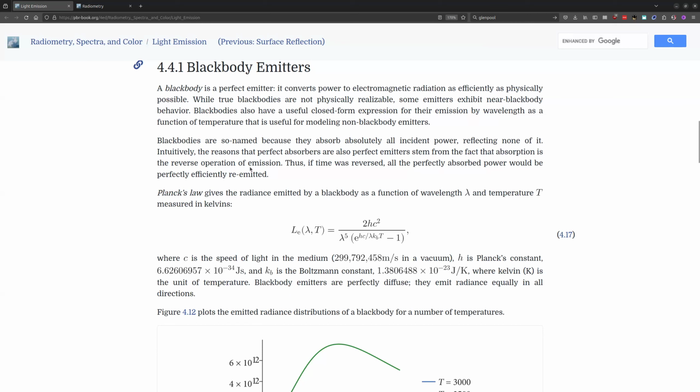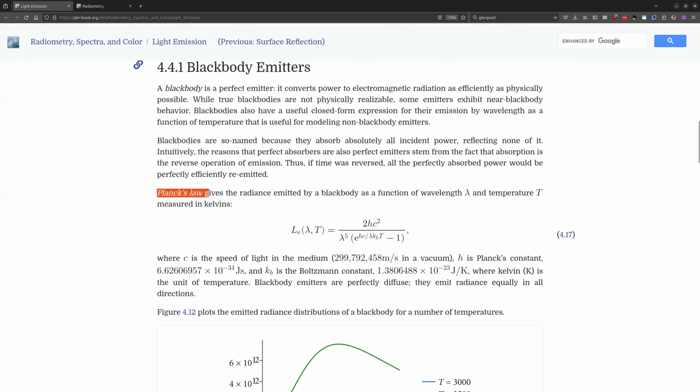Yeah, black body is just a term from physics, but we often model light this way, right? When we model light, we just don't consider reflection. Yeah. If time was reversed, a perfectly absorbed power would be efficiently re-emitted. That's a way to put it.